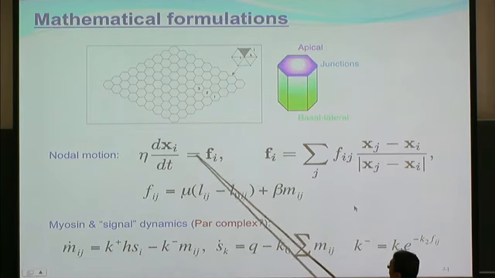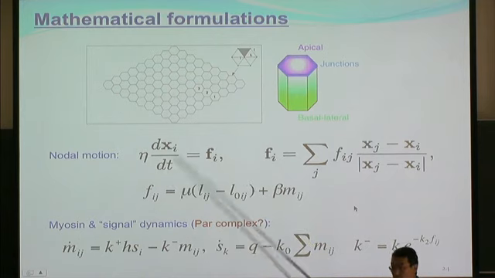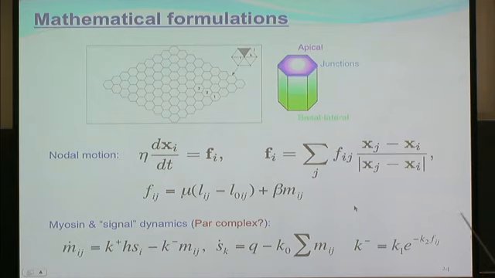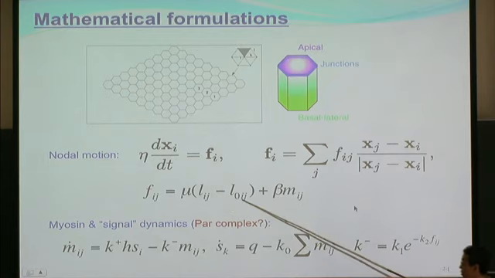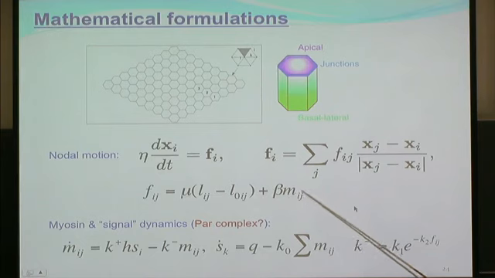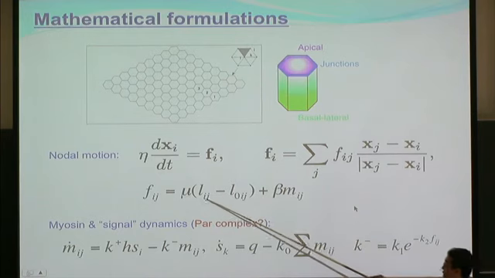The motion is governed by the total force, and then there's a friction factor. There's no inertia, of course. And the force on each edge has 2 contributions. There's a passive elastic contribution, and then there's the active contribution due to myosin. This is due to the actin network that's underlying this. So that's the mechanical part of the model.